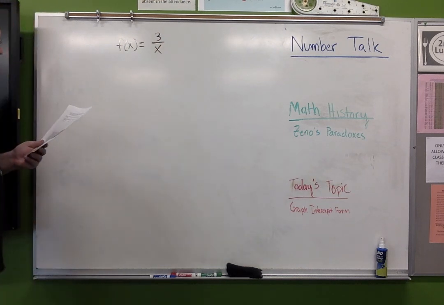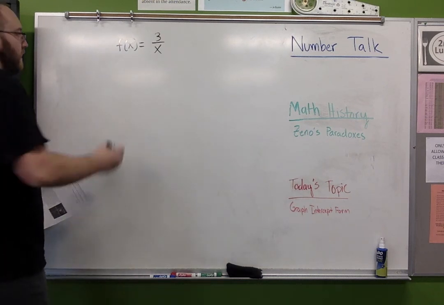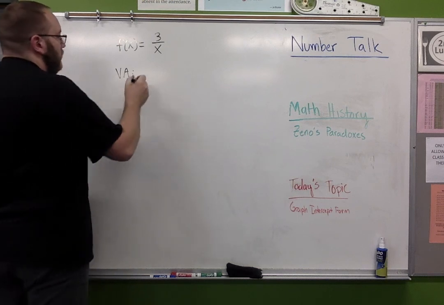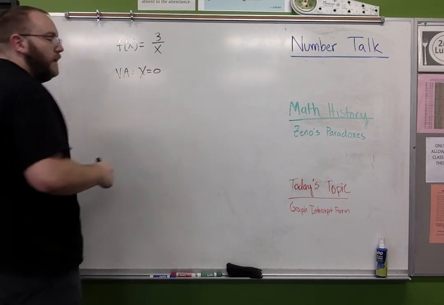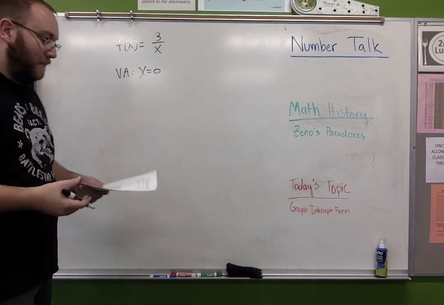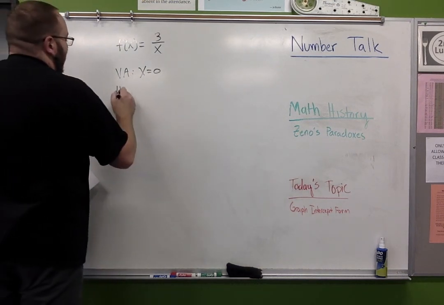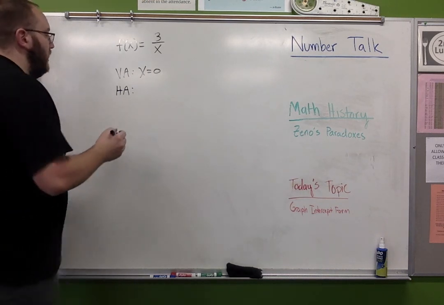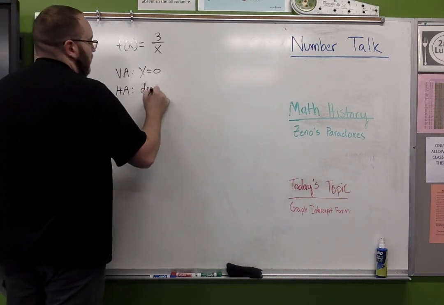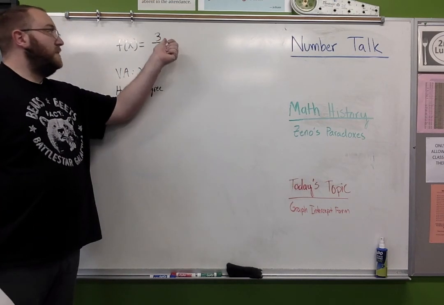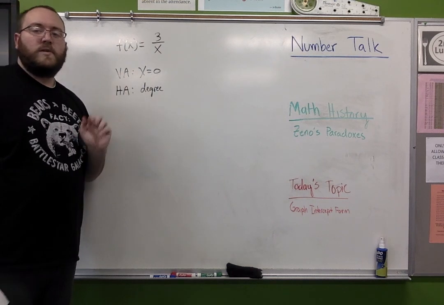Okay, so we want to find the vertical and horizontal asymptotes. So the vertical asymptote, we set the denominator equal to 0. So x equals 0. Hey, we're done. That's my vertical asymptote. Horizontal asymptote. The degree of the numerator is 0. There's no x values in the numerator. So the degree is 0.